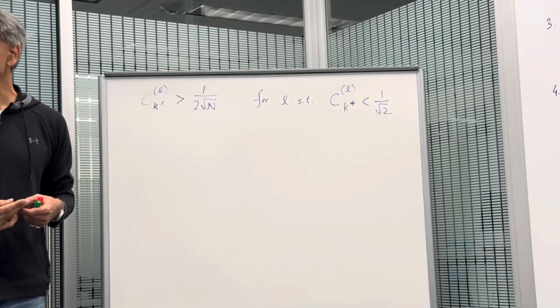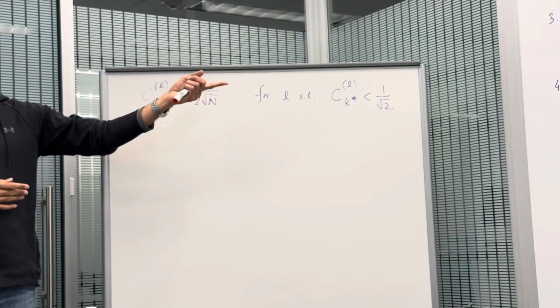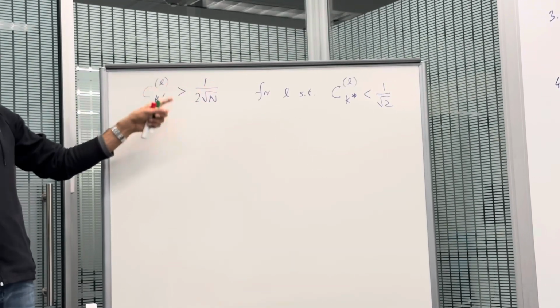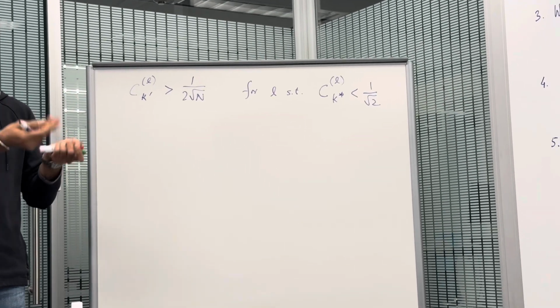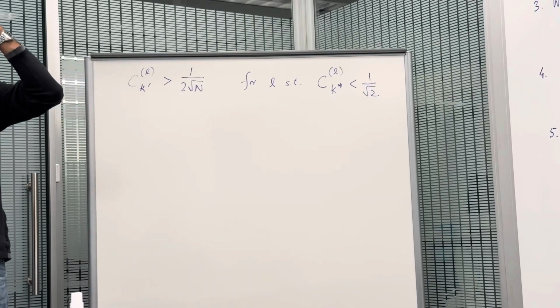Okay? So as long as that guy is less than 1 by square root 2, these guys still have something left in them, right? Because they are contributing that. In fact, 2 times that they're contributing.